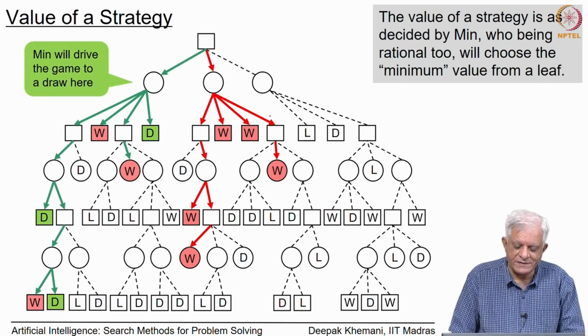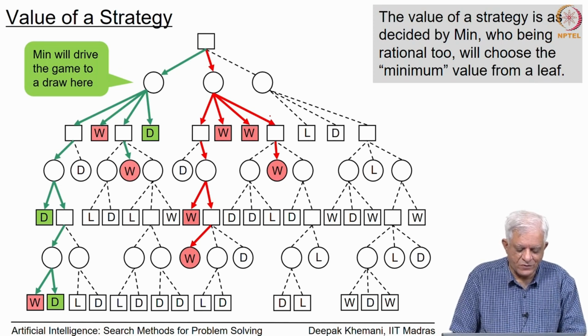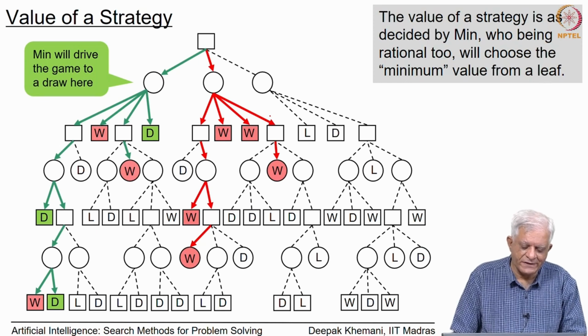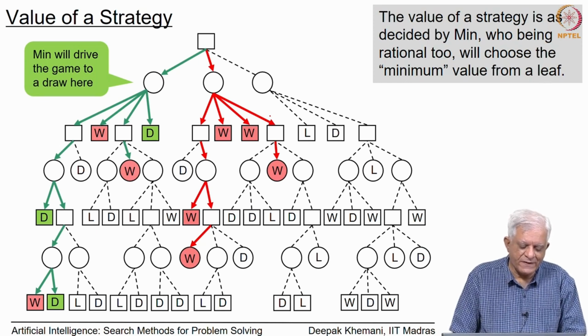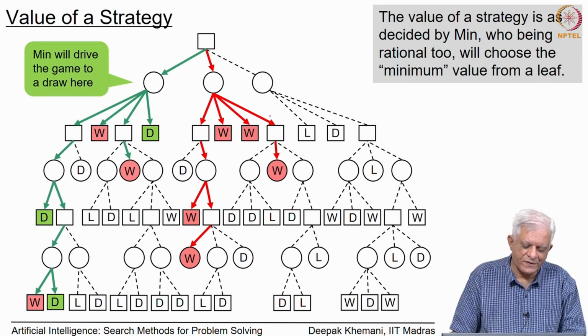Remember that Max has frozen Max's choices, and the game will be decided by what min does. So, clearly if you look at the green subtree, it has two kinds of nodes, either a win for Max or a draw for both of them. There is no L labeled leaf here, and so the best that min can do in this strategy, if Max were to choose the green strategy, it would drive the game towards a draw.